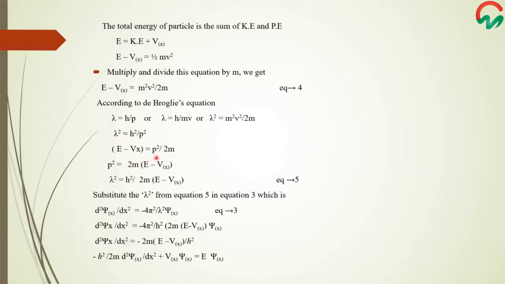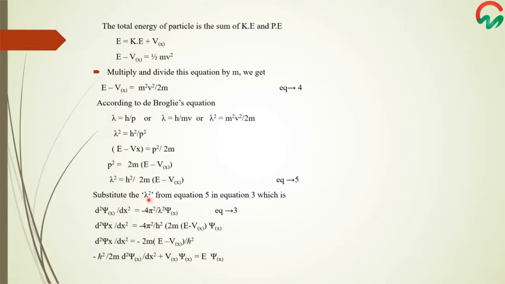Now separating p square from this equation, it is rearranged as p square equals 2m into E minus V(x). Now we put this p square equals 2m(E minus V(x)) in the equation lambda square equals h square by p square. This equation becomes lambda square equals h square by 2m into E minus V(x).